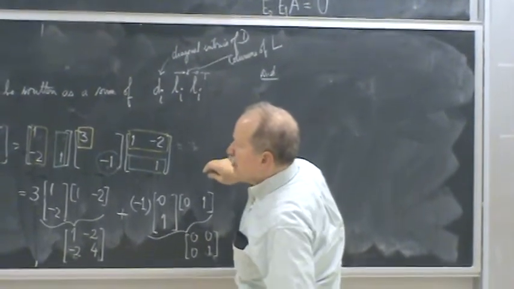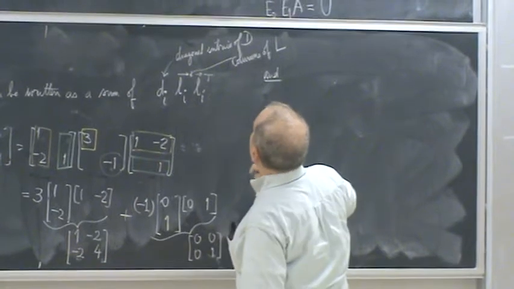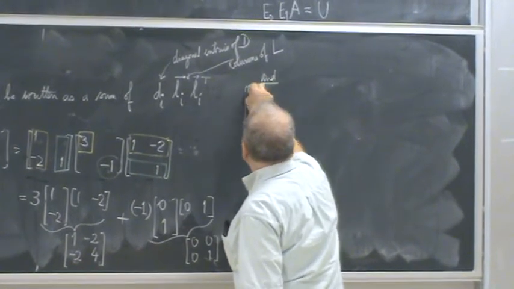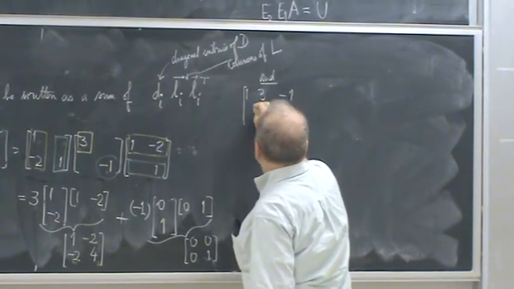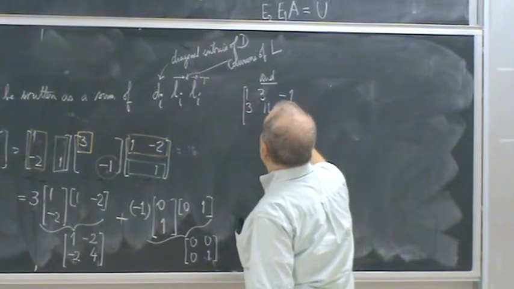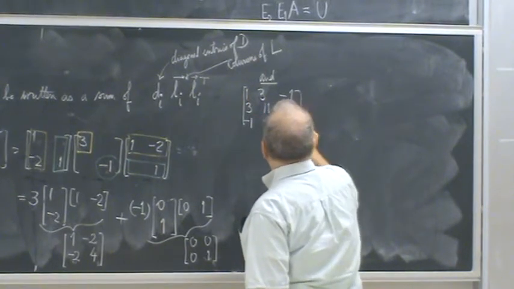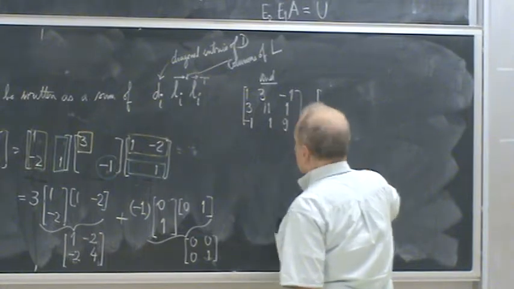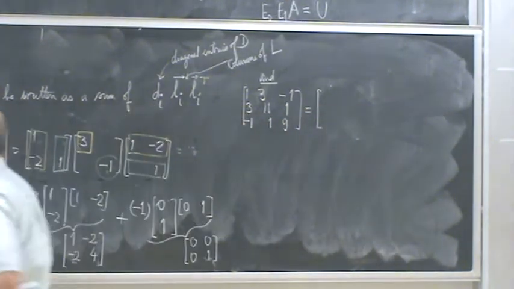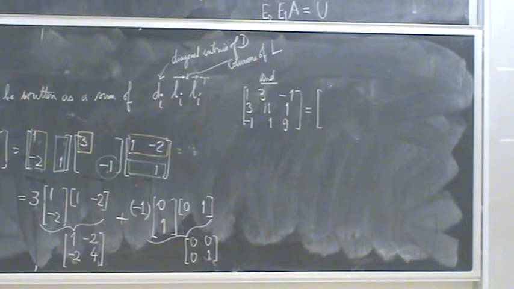So our last example was, where did A go? Up there. 1, 3, -1, 3, 11, 1, -1, 1, 9. All right, so I had my L here, D, L transpose.